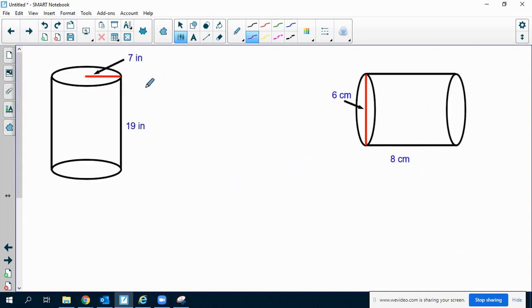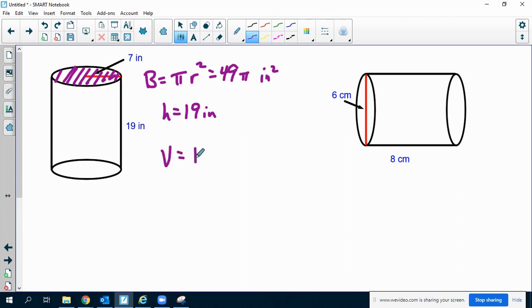Now to cylinders, the base is a circle. So in this problem, the radius is 7. So the area of the base is pi r squared, which is 49 pi inches squared. Then the height is 19 inches.